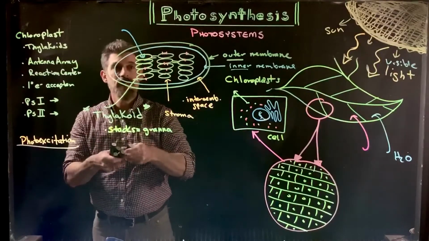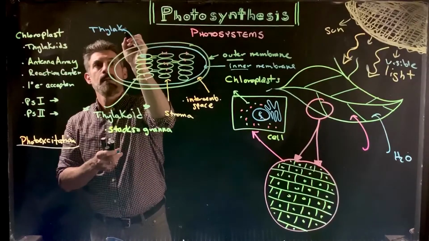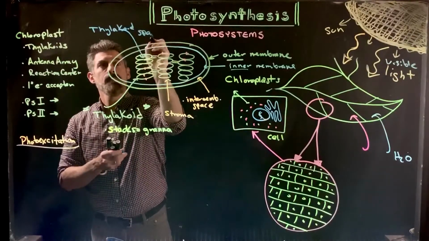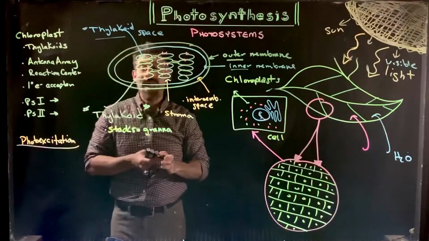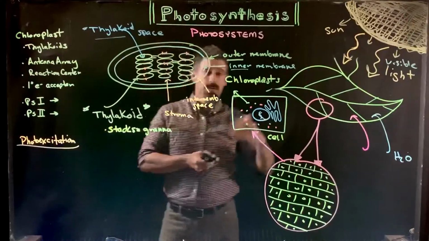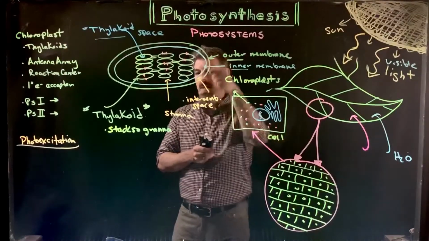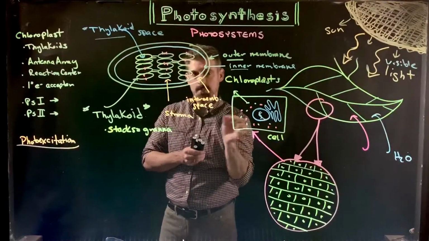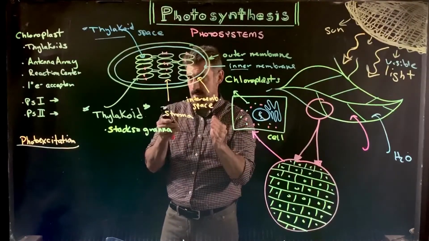And that space within it is referred to as the thylakoid space. That's important because that's also where a whole lot of things are going to happen. Activities that are part of photosynthesis are going to happen in the thylakoid space, between the thylakoid space and the stroma. So it's going to be that back and forth. That's what we're going to mostly be focused on.